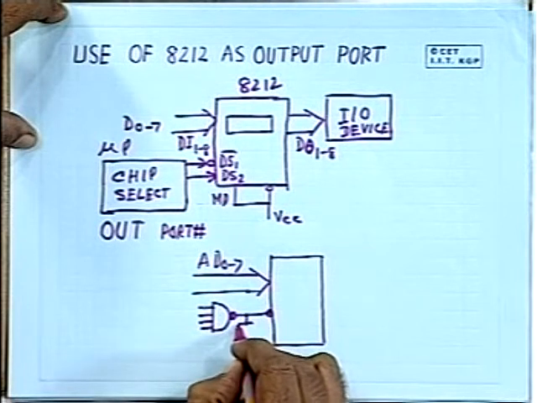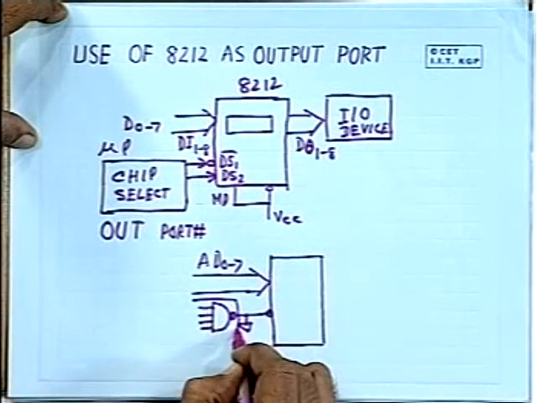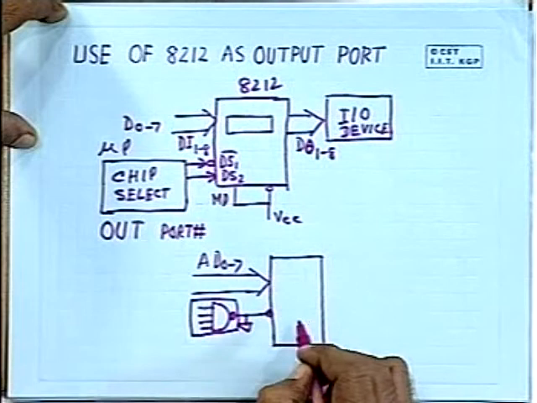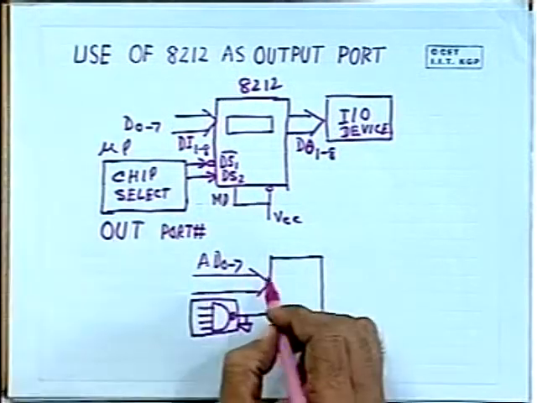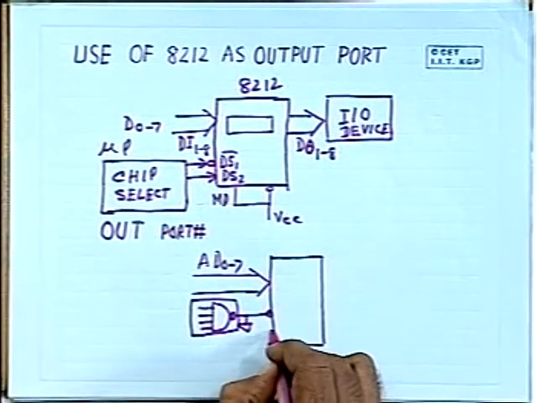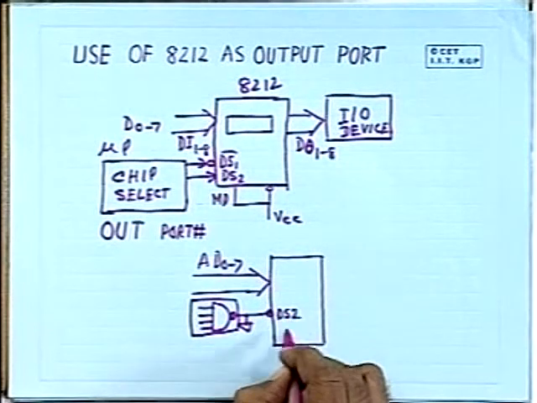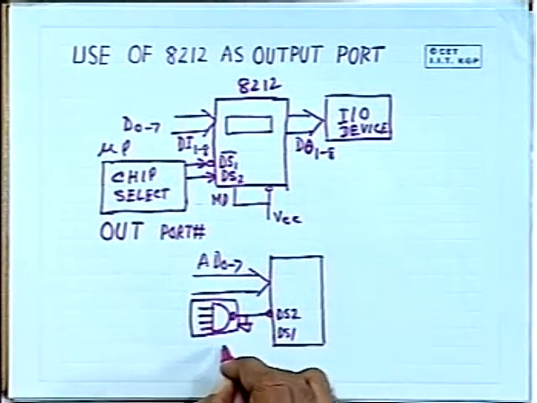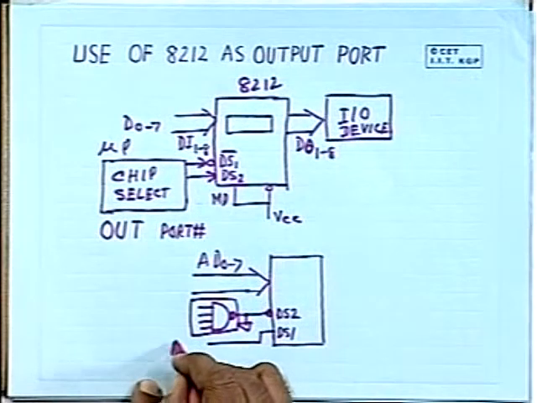Say this is connected to ground. You don't require it whenever you are using it for address demultiplexing. That means DS2 is not required, and DS1 is connected to the ALE.